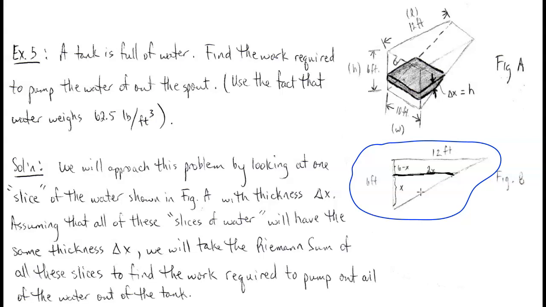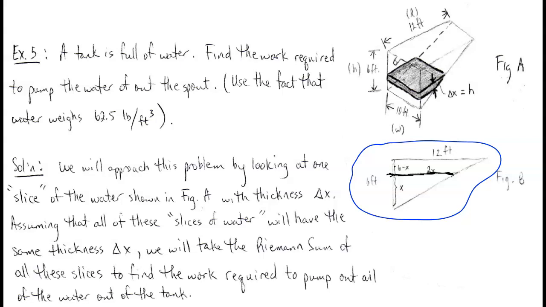And we know that the height of the tank is going to be 6 feet. So if we are X units up from the bottom of the tank, then we only have 6 minus X units left to get that little slice of water up and out of the tank.